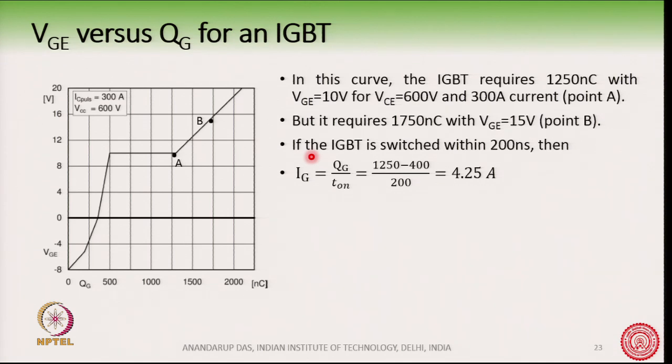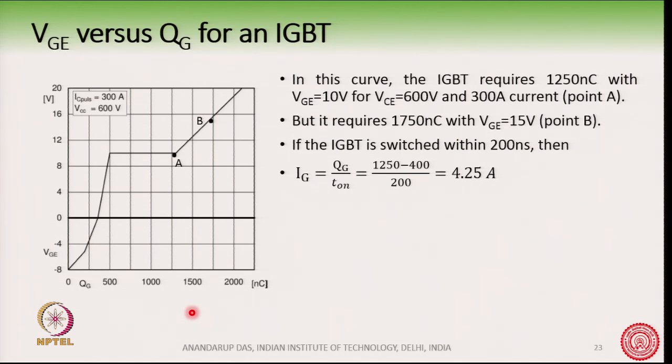If you observe this curve here, you can settle at point A or you can settle at point B. If the Vg voltage is 10 volt, then you will come and settle at point A, and then you will require a lesser amount of charge, maybe around 1250 nanocoulomb.